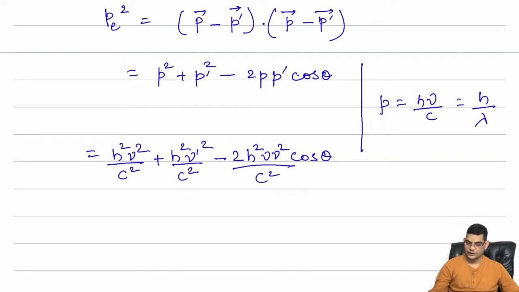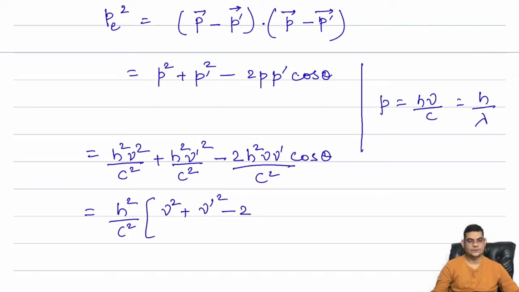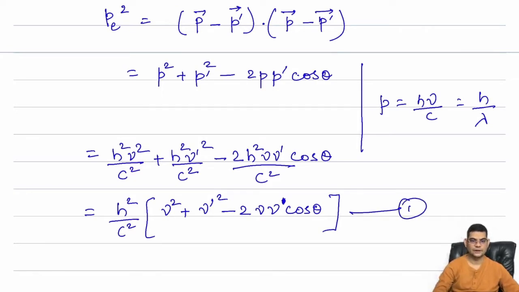By taking h square by c square common, we can write it as h square by c square times nu square plus nu dash square minus 2 nu nu dash cos theta. This is my first equation from the conservation of linear momentum.